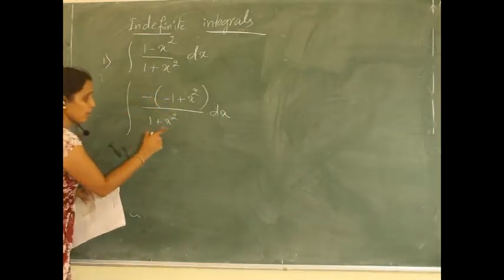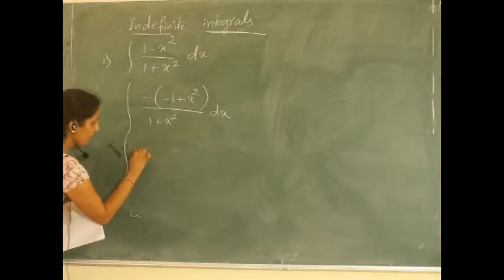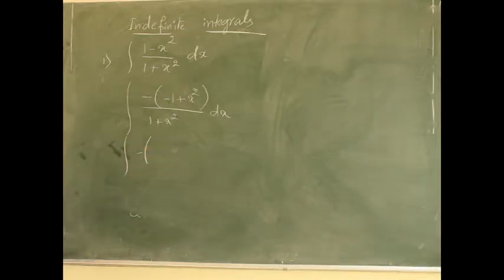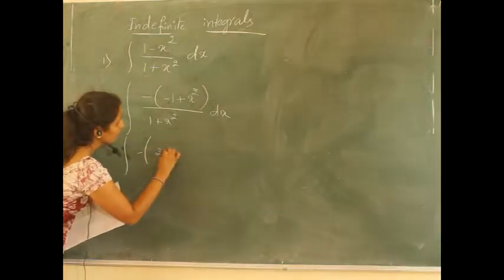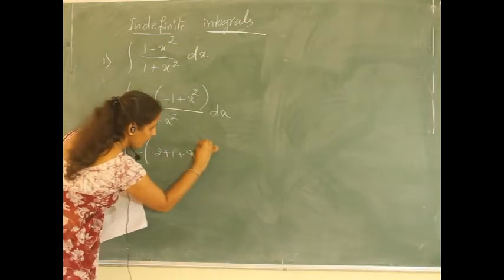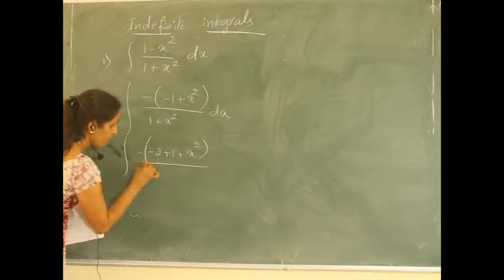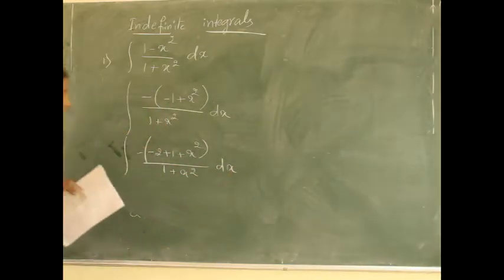Again it should be in the form of 1 plus x square. So we can write minus 1 as 2 minus 2 plus 1 plus x square, divided by 1 plus x square dx.